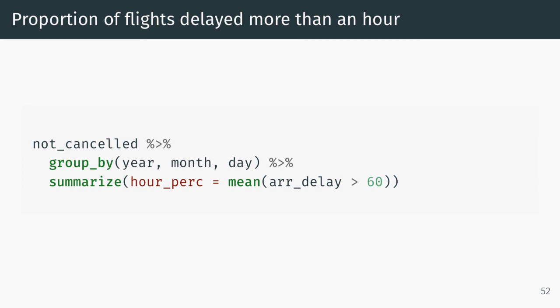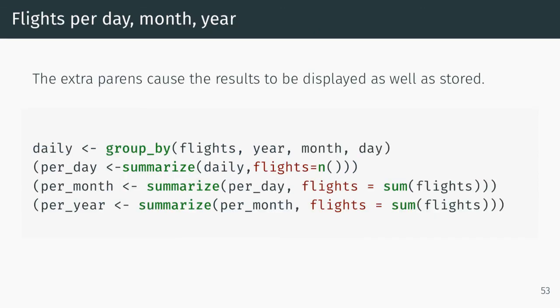Proportion of flights delayed by more than an hour: hour percent mean arrival delay greater than 60. Okay, so that's just the proportion of flights delayed by more than an hour. Flights per day, per month, per year. So we're just creating per day, per month with the summarizing function.